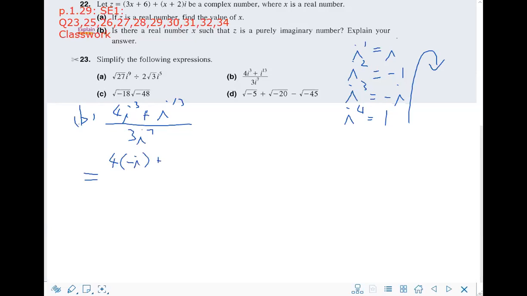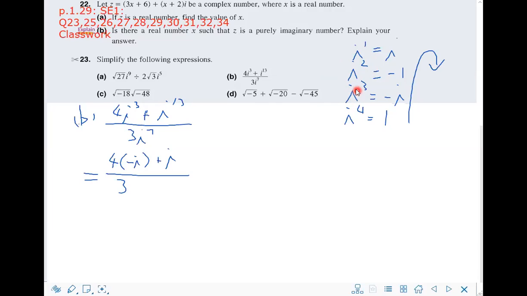For i to the power 13, since the pattern repeats every 4, we count how many cycles there are. 3 cycles is 12 counts, and the next one, 13, is exactly back to i1, so this is just i. How about i7? Again we count 1, 2, 3, 4, 5, 6, 7.